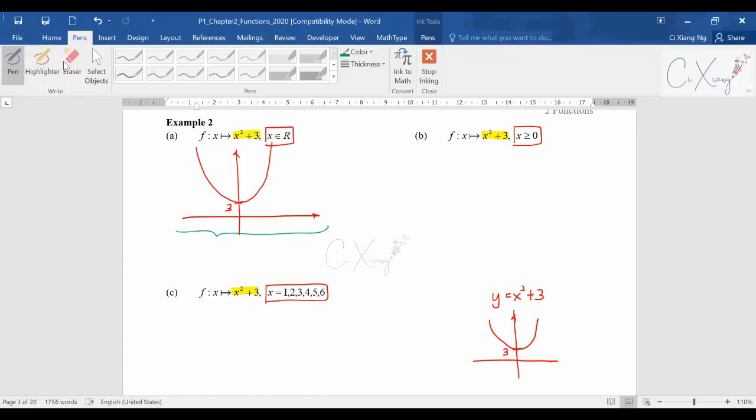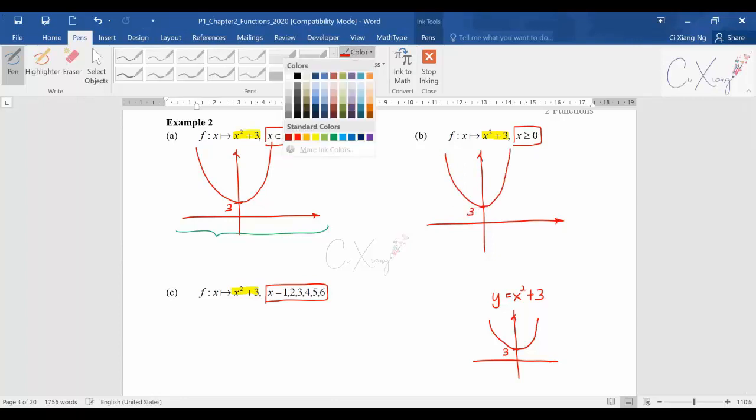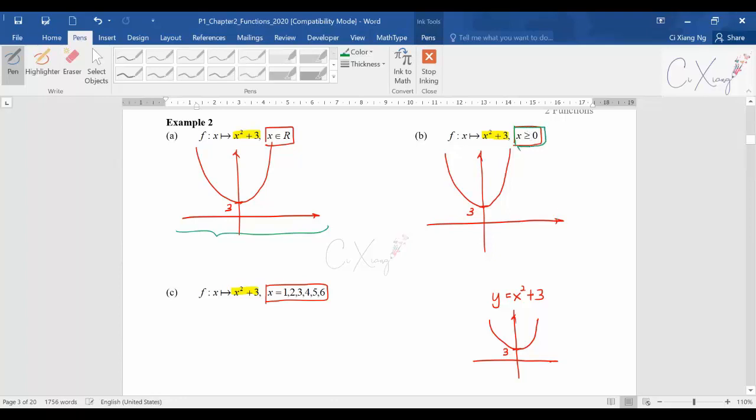Next, let's continue to part B and compare it with part A. For part B, they are asking you to also sketch the graph for x squared plus 3. The x squared plus 3 originally will look something like this. So this is 3. But now, because they are asking for x greater than or equal to 0, where is x greater than or equal to 0?